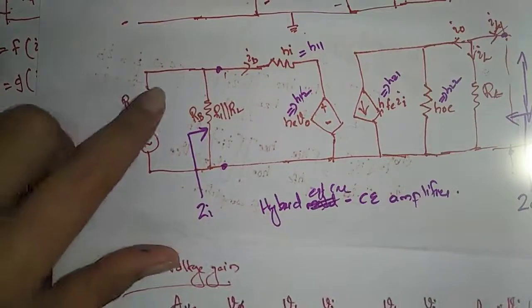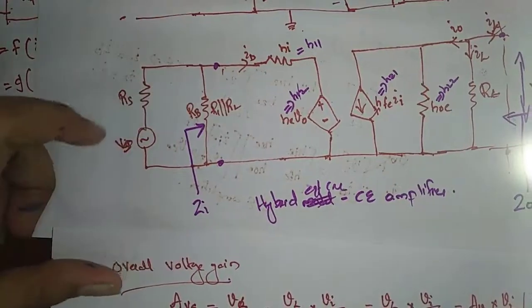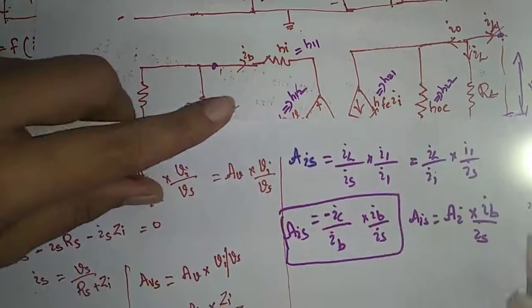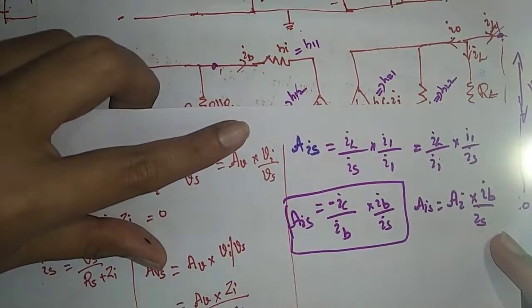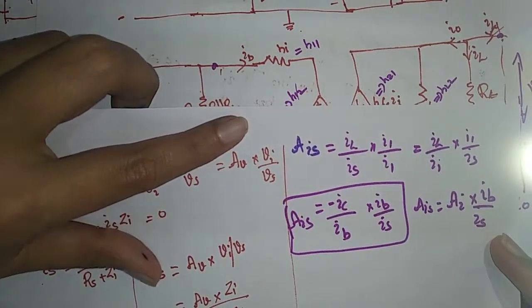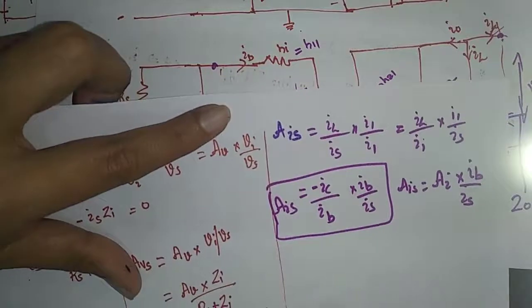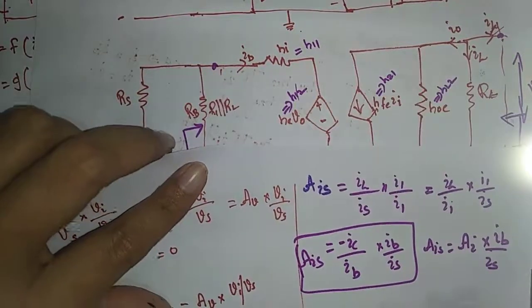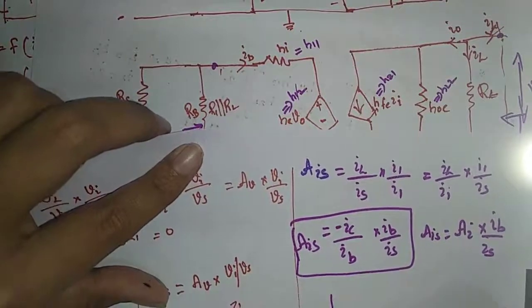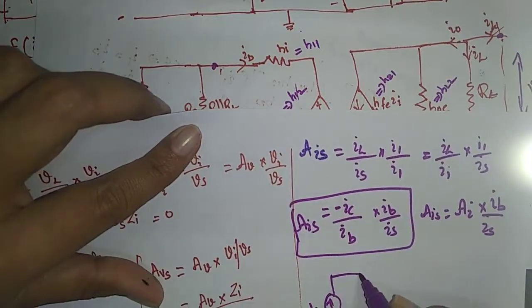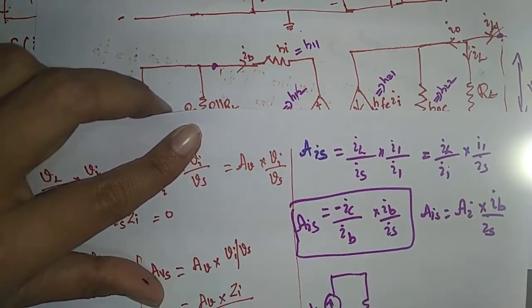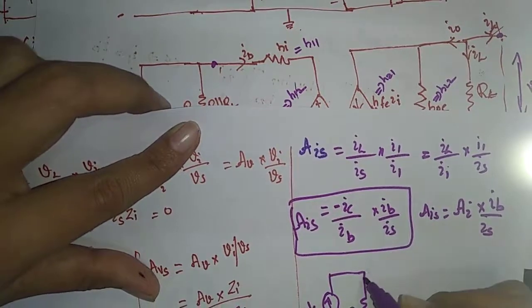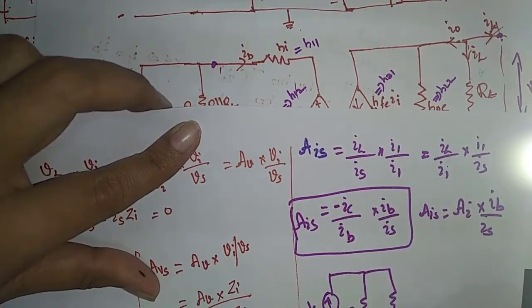So what is the source current? This is the source current IS. Current divider rule: this is going to my Rs as well as the input current, there is Zi.